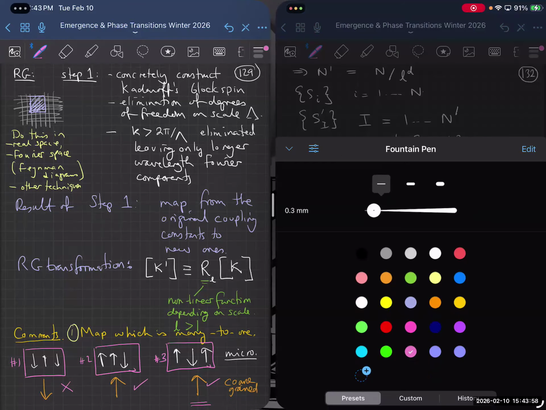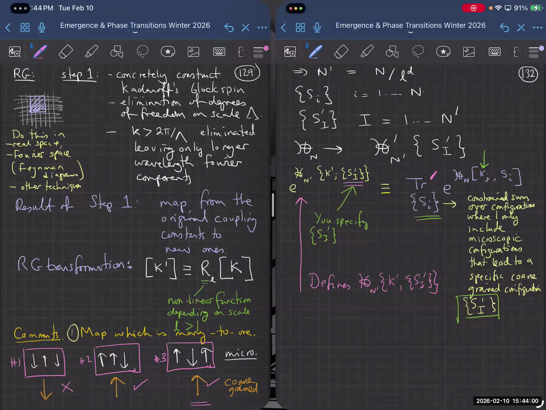Well, what use this is that if I want to say, well, okay, fine, but what is the thermodynamics? What is the Helmholtz free energy? Okay, I want to know that. My answer is, oh, well, that's easy.